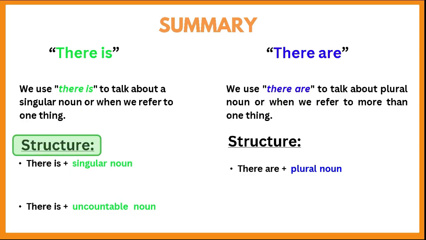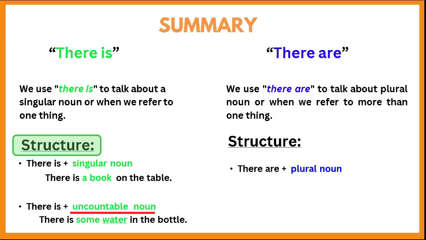The structure of there is can be followed by a singular noun. For example, there is a book on the table. Or the next structure is there is with an uncountable noun. Example, there is some water in the bottle.